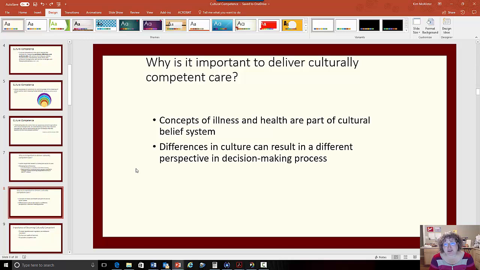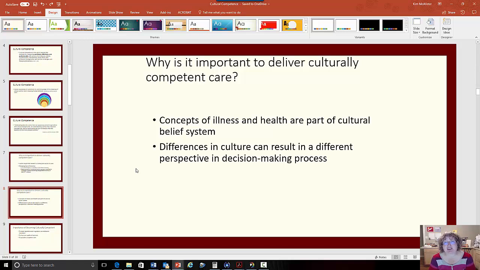But we need to be aware of what those are, because they may have very different goals and different expectations than you do. And it's important that you understand that, so that we're all on the same page and we're all working to help the patient achieve their goals.